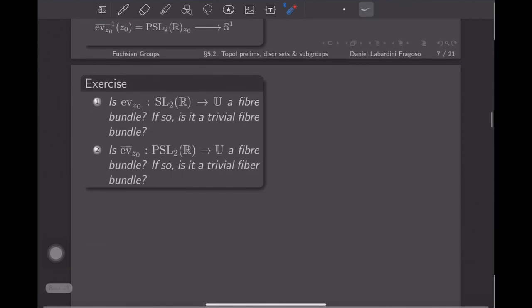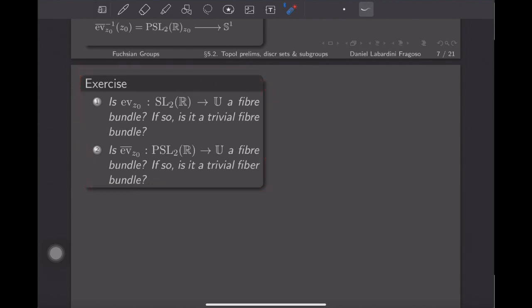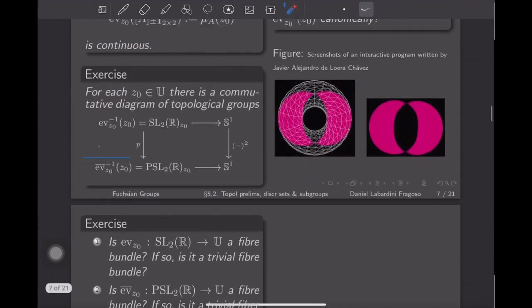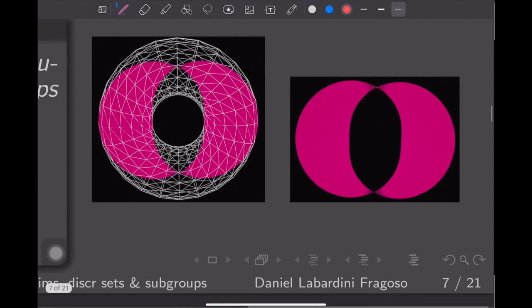Yeah, here is an exercise which is a bit more advanced if you know some algebraic topology, because then this really starts looking like some sort of fiber bundle, right?